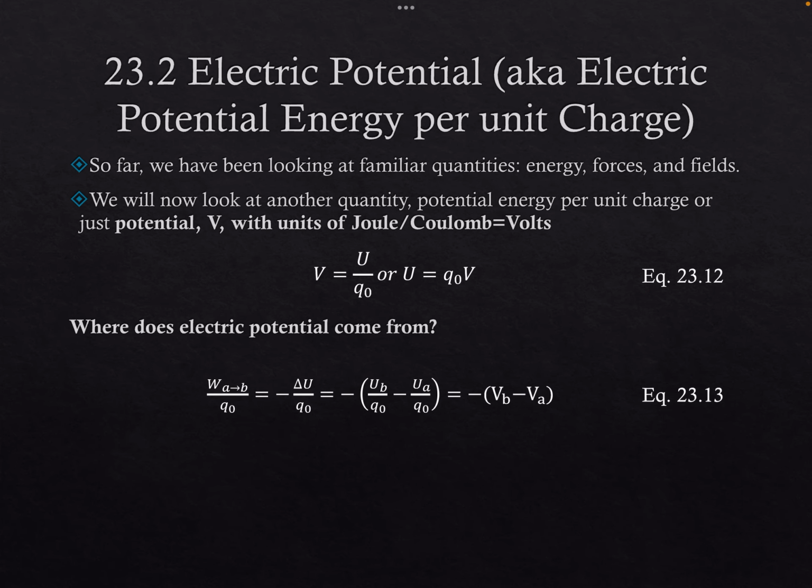So let's bring up another term, and it's basically just a scaling down of electric potential energy. We're going to call it electric potential, right? We're dropping off the energy because it's electric potential energy per unit charge.